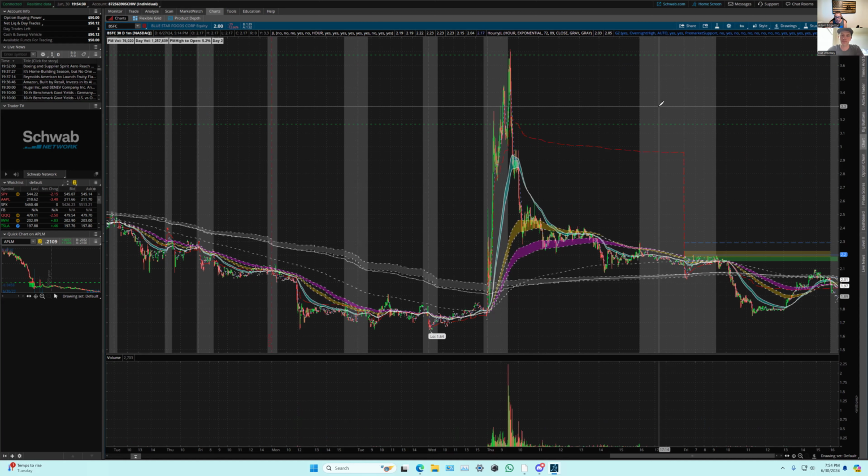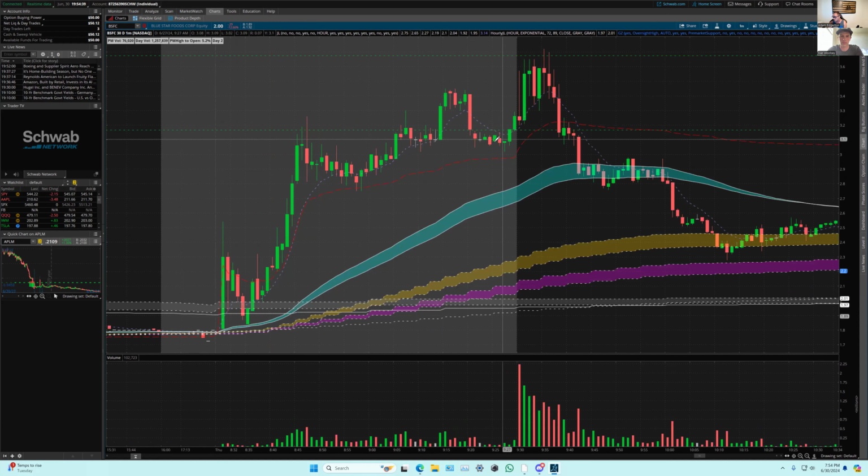The odds of it going to $7 are really low. But in pre-market, this move happened at 8:45. I would absolutely be marking that out.